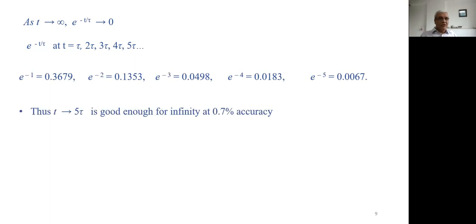And therefore, for many practical purposes, 5 times the time constant turns out to be good enough as infinite. So somebody says wait for infinite time. Well, you have to wait for 5 time constants, 6 time constants, and you are almost there where you should be. Okay, so the system would stabilize for all practical purposes.